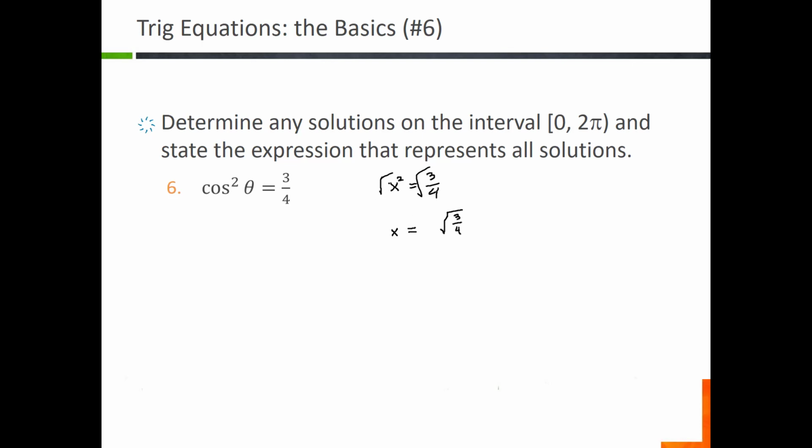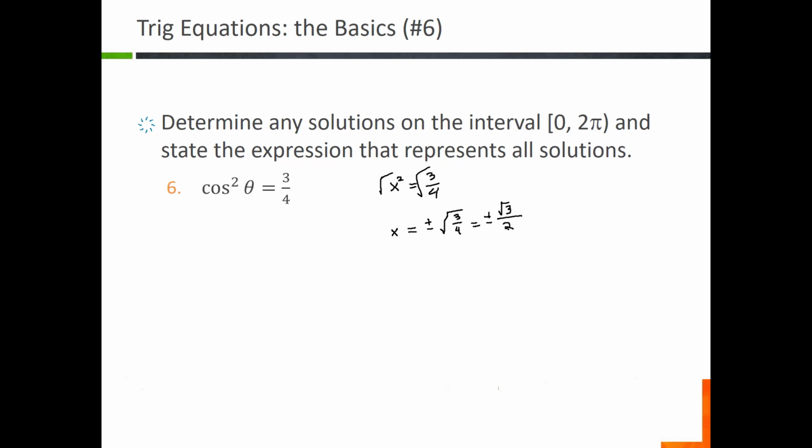One other thing to keep in mind, when you take the square root of both sides of an equation, you will get a plus or minus. And the square root of 3/4, you could simplify to plus or minus the square root of 3 divided by 2, because the square root of 4 is 2. So we get plus or minus root 3 over 2 as x.